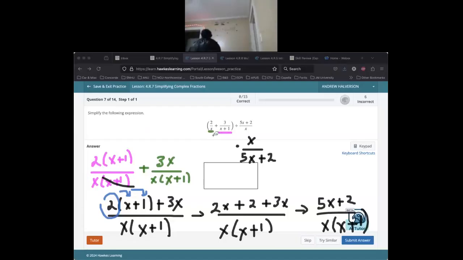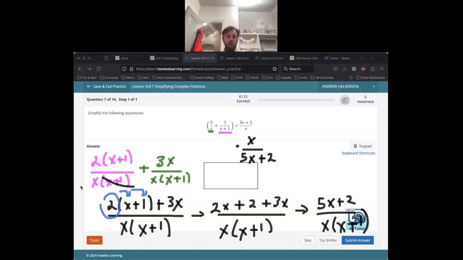So all this side work over here is to bring the 2 over x plus 3 over x plus 1 to bring those together into one expression. So I'm going to take this down, and I'll put it back up.